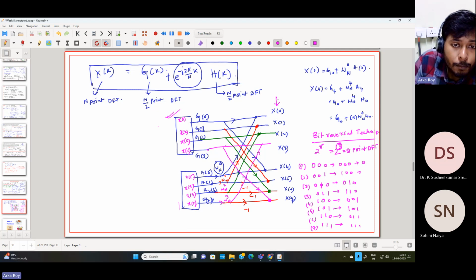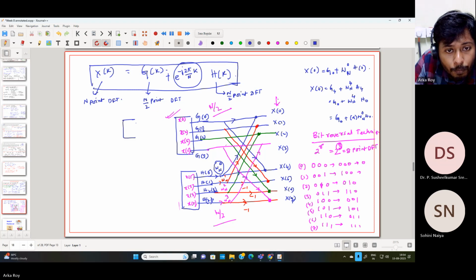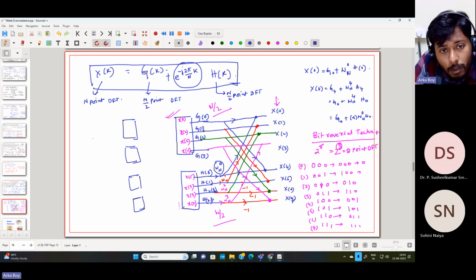And additionally, this has been given as an N by 2 point DFT. We have broken the DFT in an N by 2 point fashion. Given this, we can think of N by 4 point DFTs to get these DFT representations. And we'll stop when we get the N by 8 point DFTs.